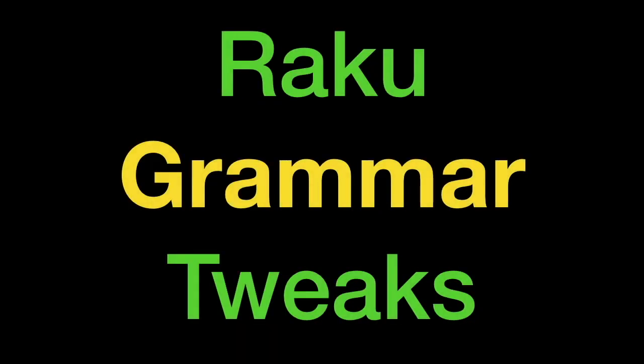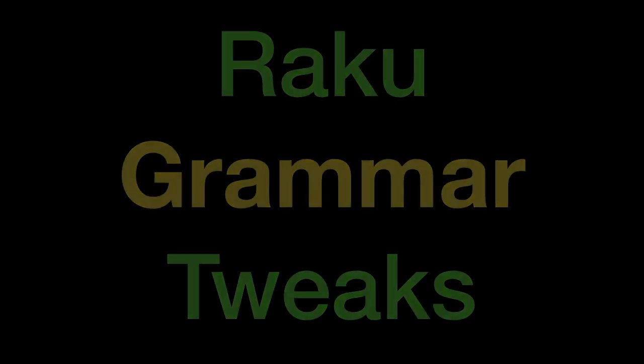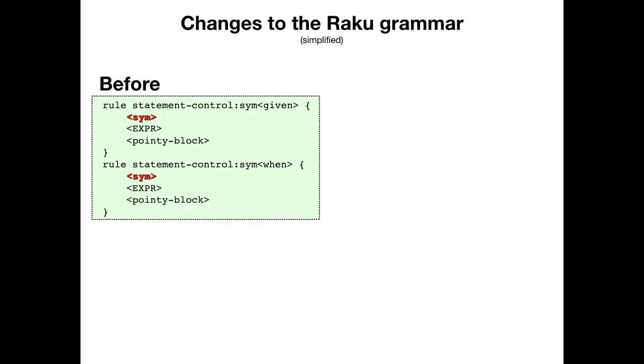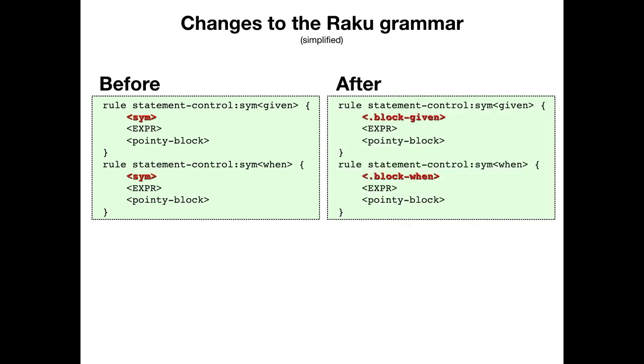So what was needed in the Raku grammar to make this all possible? Well, we needed to add a number of tokens. This should look familiar, but as you can see, there's no actual translation happening here. And we actually had to change the Raku grammar. Before, we had always had these sim pseudo tokens, and these now become real tokens with the given name, in this case the given and when tokens that we just created.